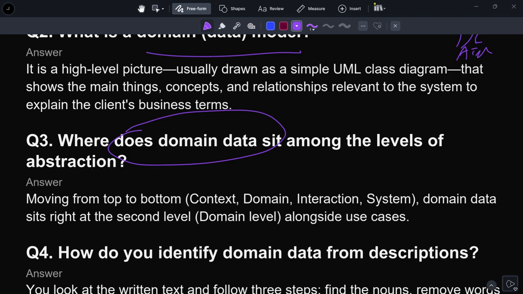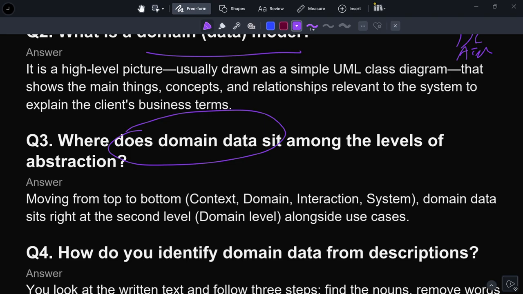Now we need to understand where the domain data sits among all levels of abstraction. In the context, the broad environment and business goals, this is what happens here, because the bank needs to reduce branch lines by offering 24/7 self-service cash machines. Domain data: the real world business concepts, rules, and data entities. For example, defining what a bank account, account balance, and PIN mean to the bank before you even think about screens or code.